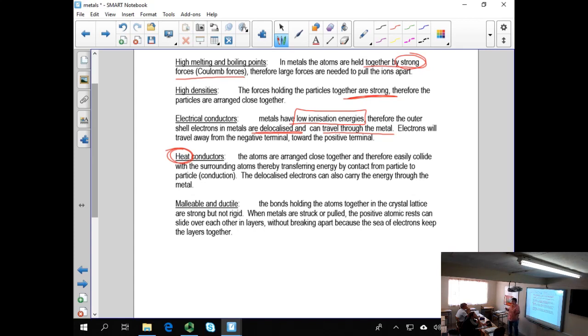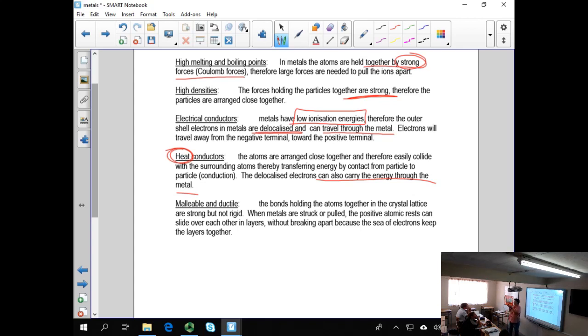So the positive atomic rests, they gain energy, they start vibrating and they can bump into each other, transferring the energy by direct contact. The other thing is that the electrons are delocalized and they can also pick up energy and move more. All right. Delocalized electrons can carry the energy through the metal. Yes.